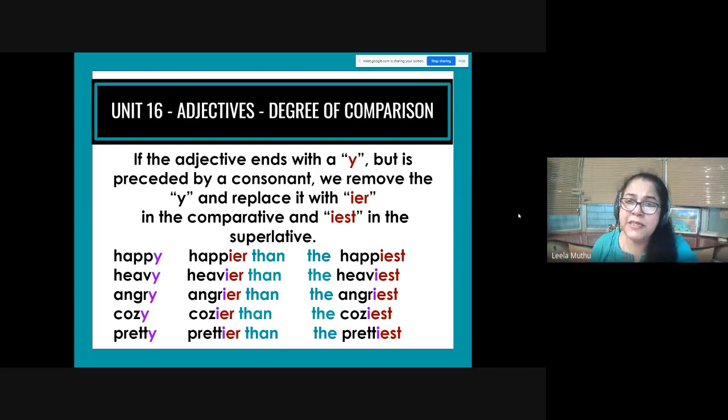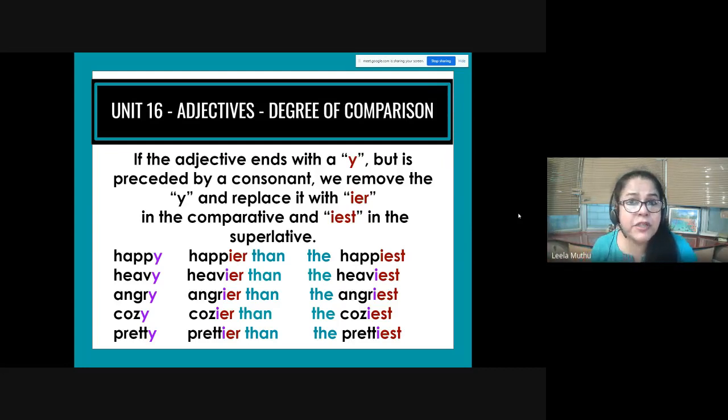Only in the positive degree does the adjective retain its original spelling, but in the comparative and the superlative, you remove the Y and you add IER and IEST. But only if there is a consonant before the Y. That is a rule. So happy, happier than, happiest. Heavy, heavier than, heaviest.